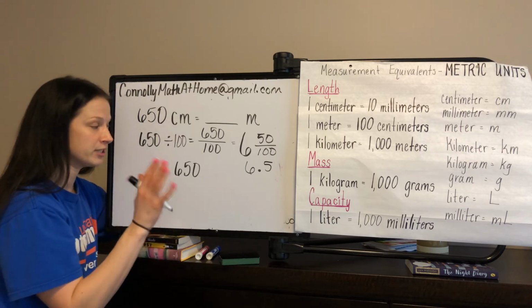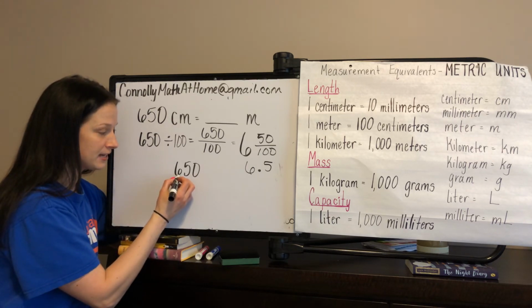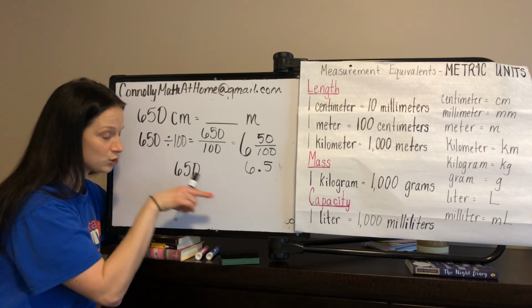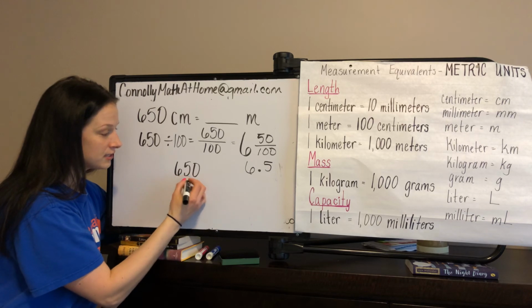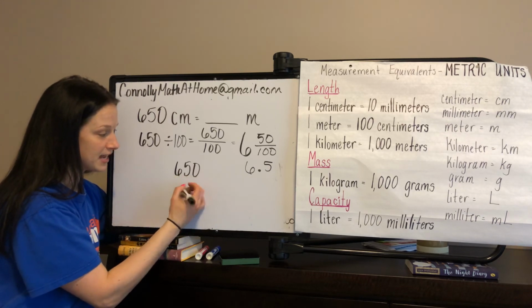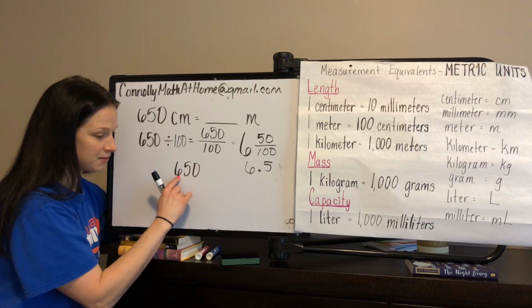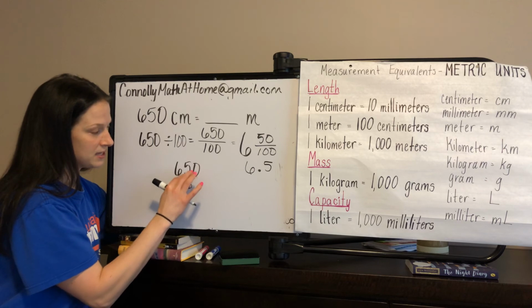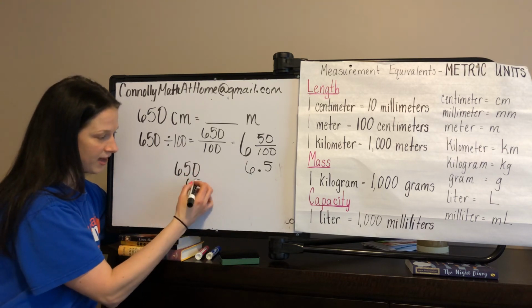So let's look at if we divide by 10. If we divide by 10, the digits are now shifting the other direction because they're getting smaller. So 650 divided by 10, if the 6 gets 10 times smaller, 600 divided by 10 is 60. Then, so we're in the tens place, and 50 divided by 10 is 5.